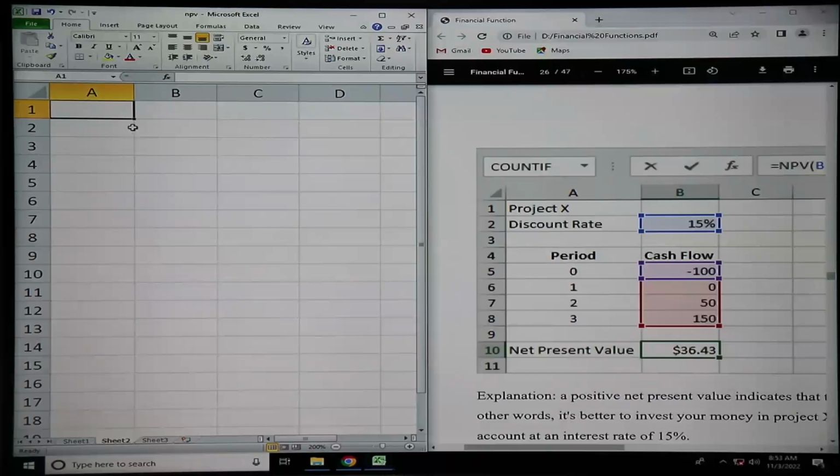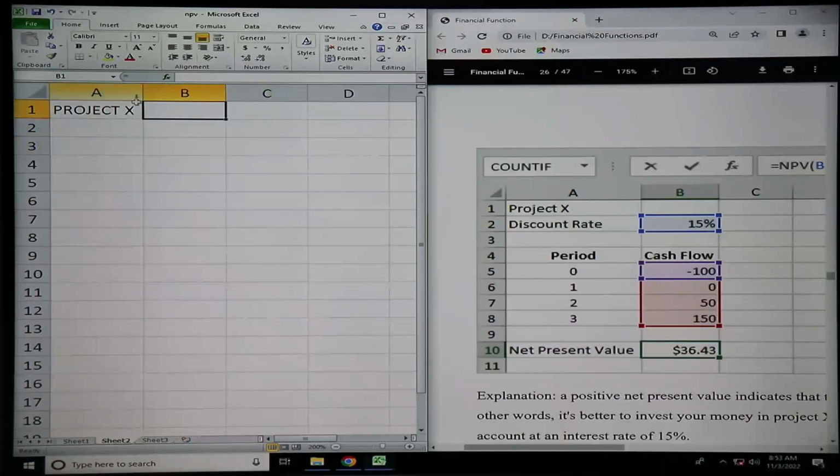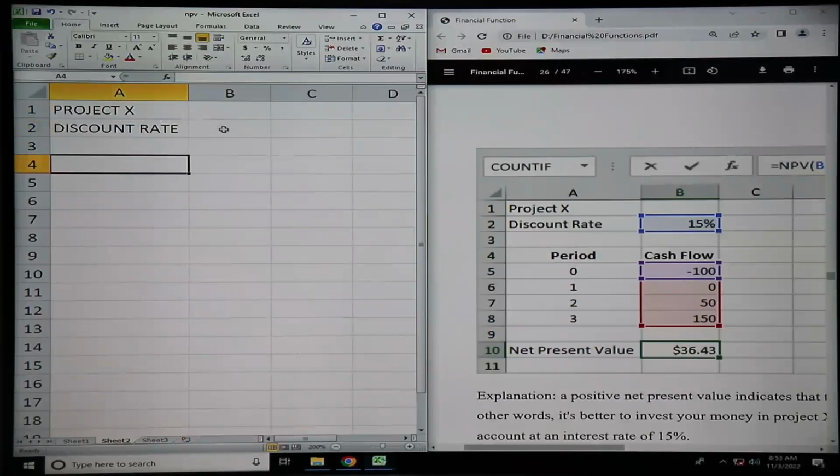So we are given their project, and we are told that the discounted rate is 15%.